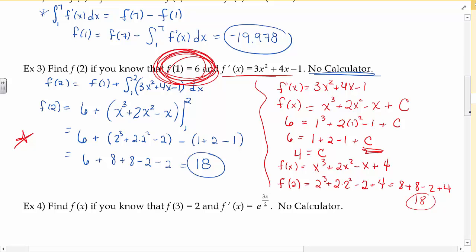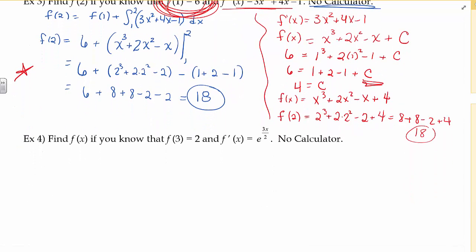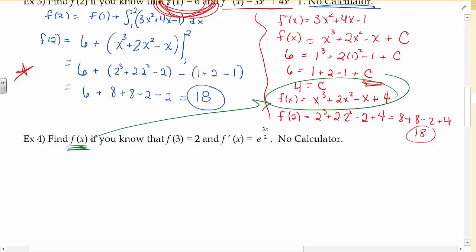All right, so let's do another one using one of those methods. Doesn't matter which one. So if I look at this next one, find f of x if you know that f of 3 equals 2. Well, now I'm forced into this method because I want the antiderivative, given that the derivative equals this and my initial value is f of 3 equals 2.